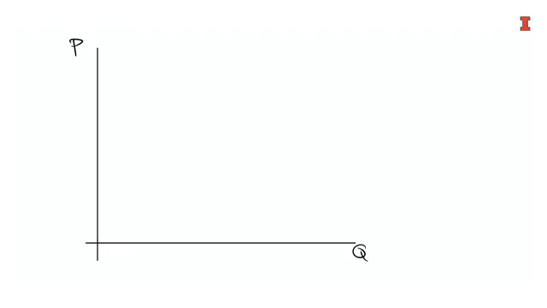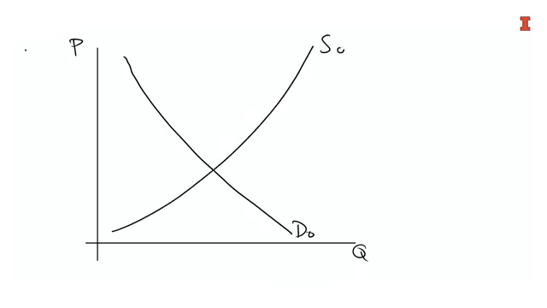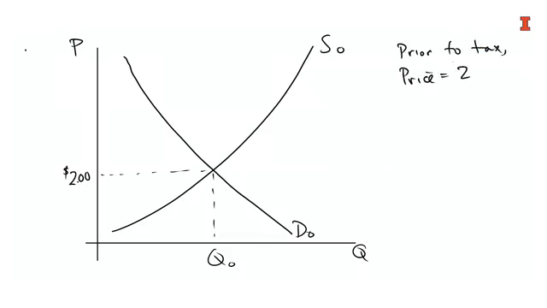We've got our original demand curve, which we'll label as D0, and our original supply curve, which we'll label as S0. And prior to the tax, we have an original outcome and original price. And let's just assume, for this example, that this original price is $2. So prior to tax, equilibrium price is $2 and equilibrium quantity is Q0.